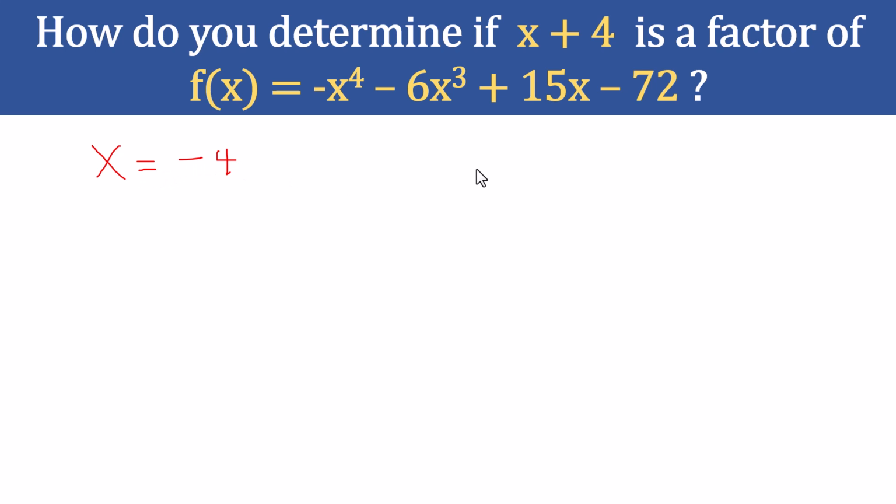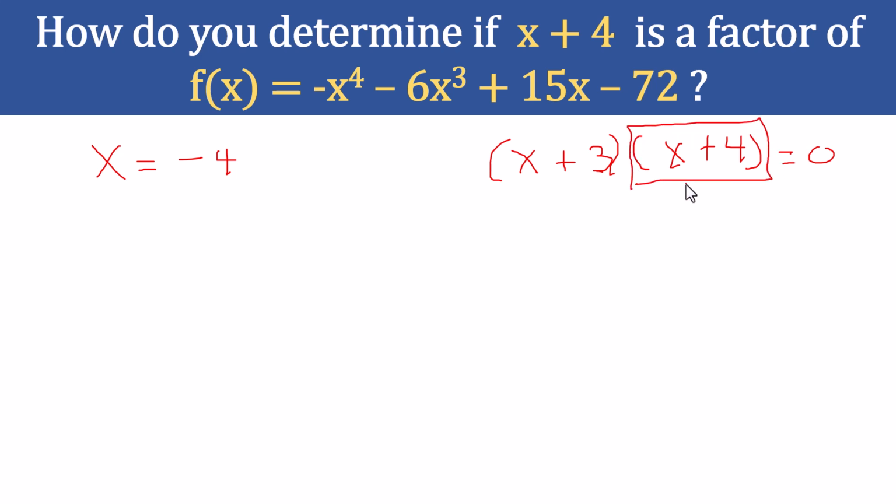We start with this factor, and we're going to test to see if this is actually a factor. So when we factor a polynomial, we might have something like x plus 3 times x plus 4, and so on, several binomials equal to 0. If we take each of these and set them equal to 0, we have a solution.